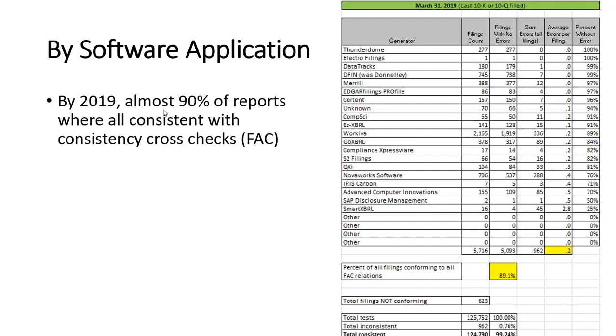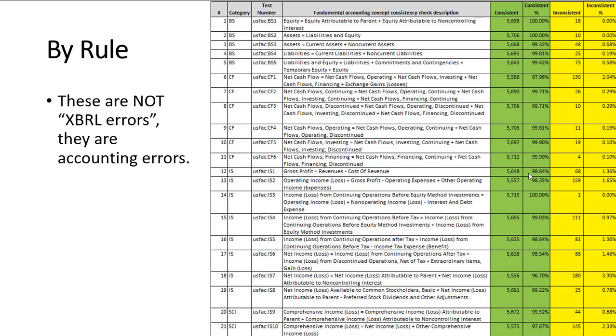By 2019, almost 90% of reports were 100% correct. Of the 22 relationships, none were violated. That's a pretty strong testament to the correctness of those rules. So here are those rules.